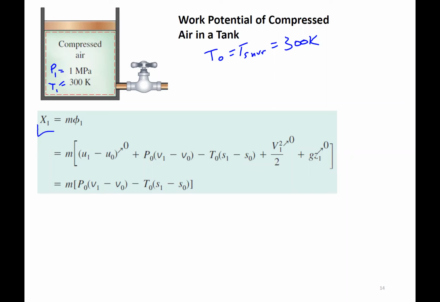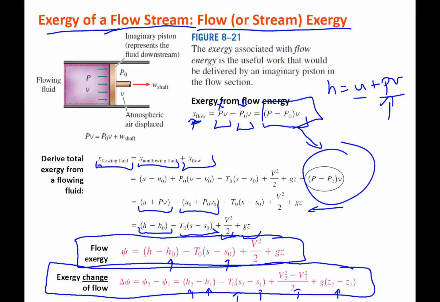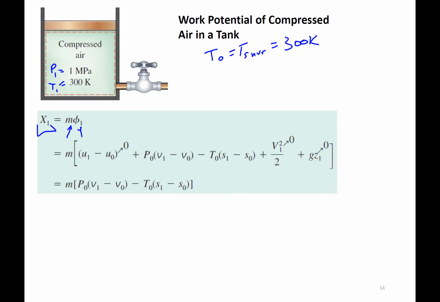The exergy at state 1 is mass times the per unit mass exergy of a non-flowing fluid, so we just grab the equation at the top here. There's no kinetic or potential energy, so those go away.